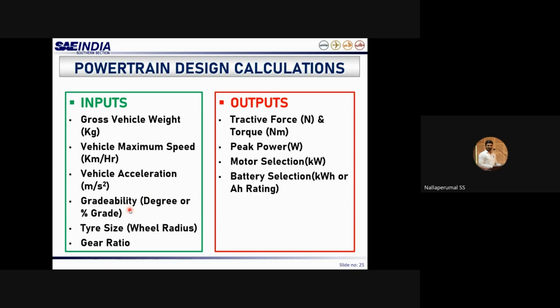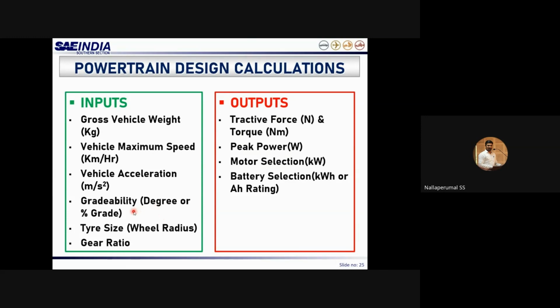This is a parameter that is fixed by the road development authorities or Indian road standards. So when you are building a vehicle, and if we are planning to use this vehicle to be driven on the road, not for any special application inside any campus or something, then you have this parameter as an input.